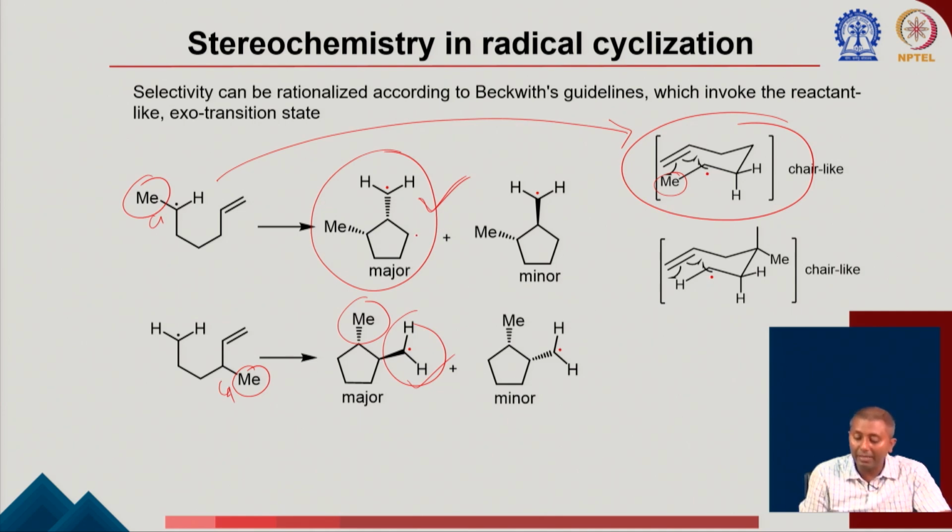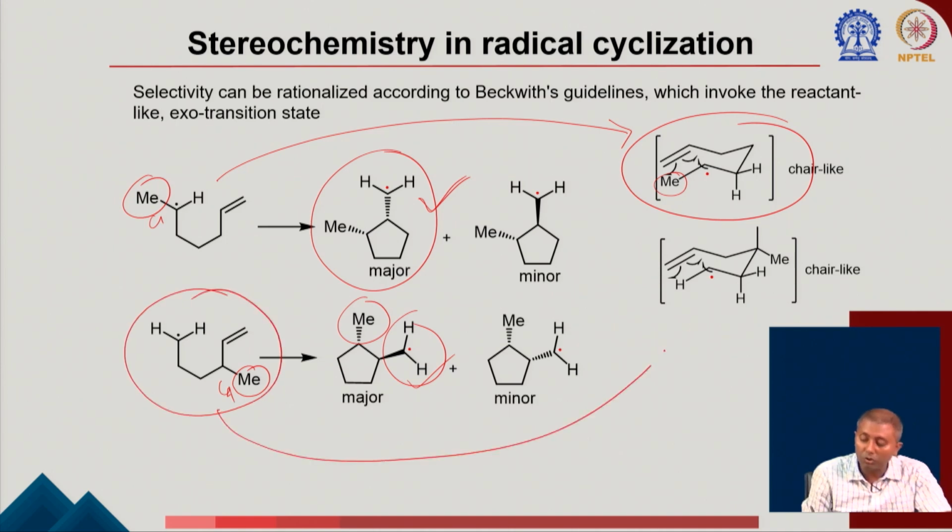And then again, in this scenario, we can draw the corresponding transition state here. What is going to happen now here, the methyl is in this position here. Sorry, I think it is the wrong position we have drawn. So actually we are talking about the methyl in this position, because that is the position where the methyl will be.